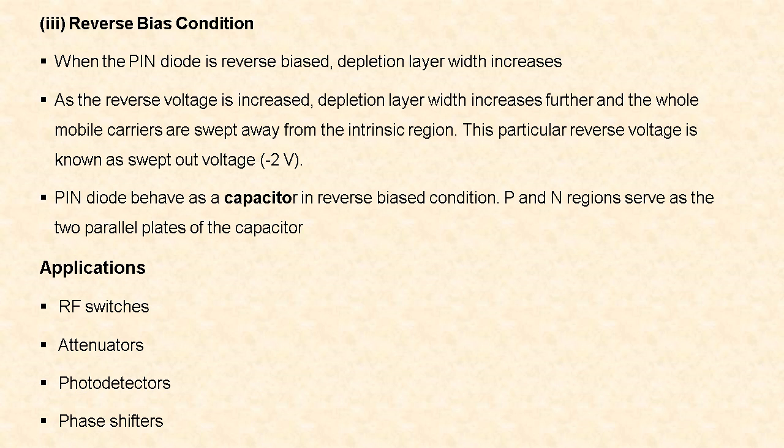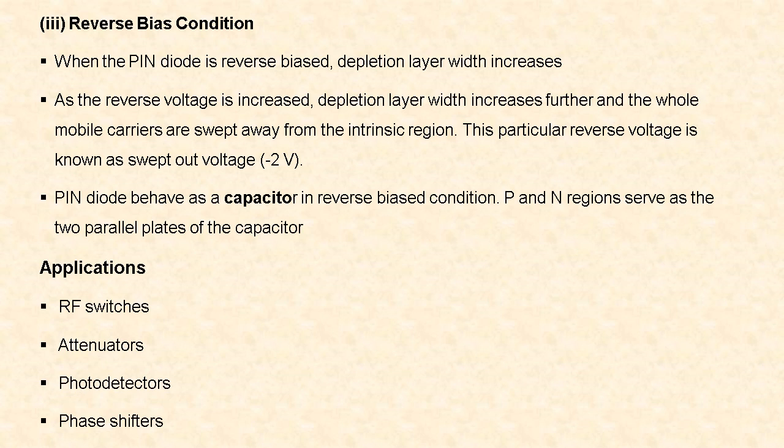When the PIN diode is reverse biased, that is, the positive terminal is connected to cathode and negative terminal is connected to anode, the depletion layer width increases further. As we increase the reverse voltage, the depletion layer width also increases and the whole mobile carriers are swept away from the intrinsic region.